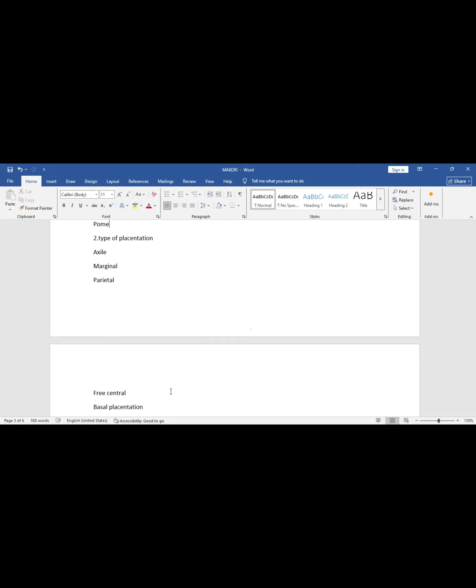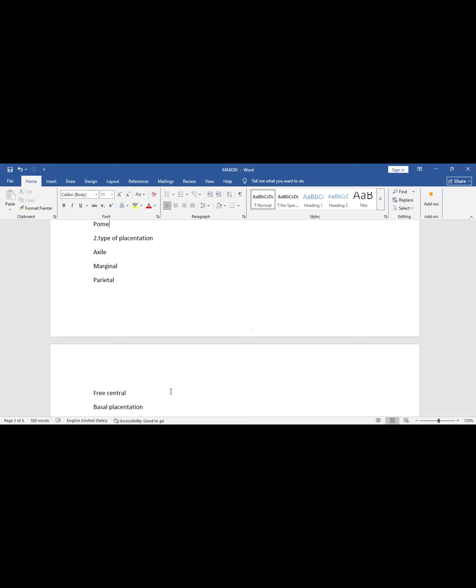So when you cut, and the structure that we get shows the seeds arranged just like a wheel, that is what we refer to as the axile placentation. It has got the locules, the partitions, and we have got the seeds within each portion.